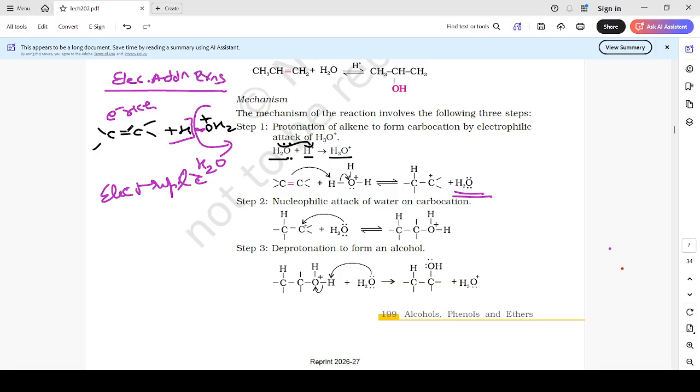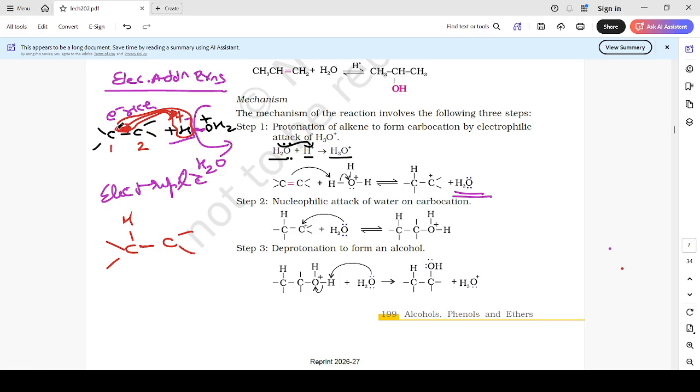So what's happening here? I have a double bond, and it is being attacked by the H plus. The double bond attracts the H plus; it has 2 electrons attracting the H plus. I have 2 carbons here, 1 and 2. Let me assume the first carbon has taken this H. There was a single bond between the carbons that is still existing.